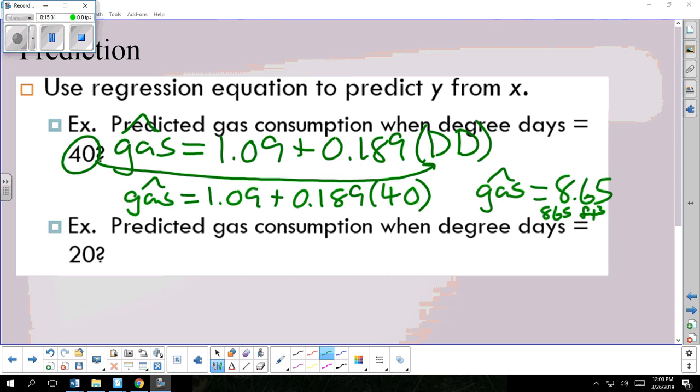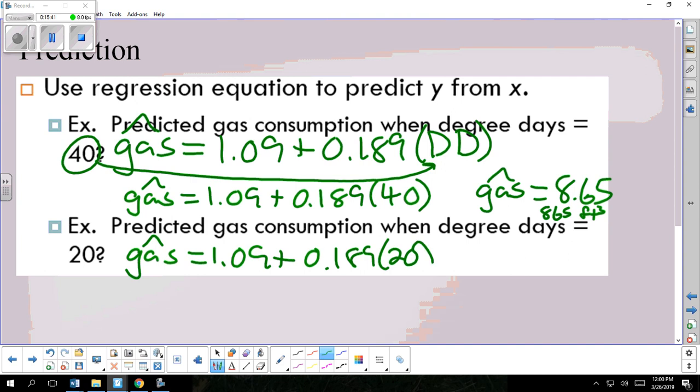Our predicted gas is 1.09 plus 0.189 times 20, and I get 4.87, for 487 cubic feet of gas.